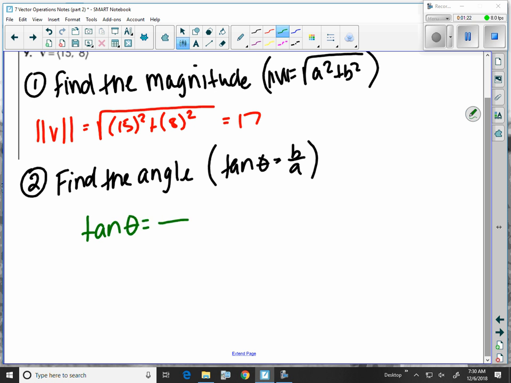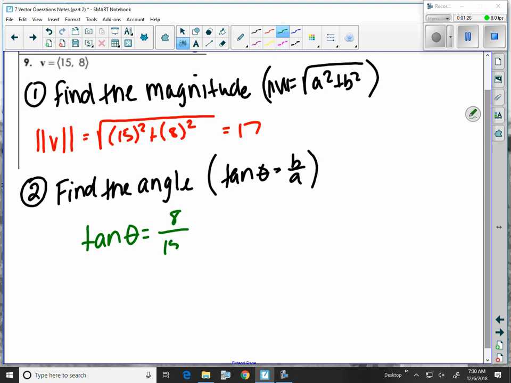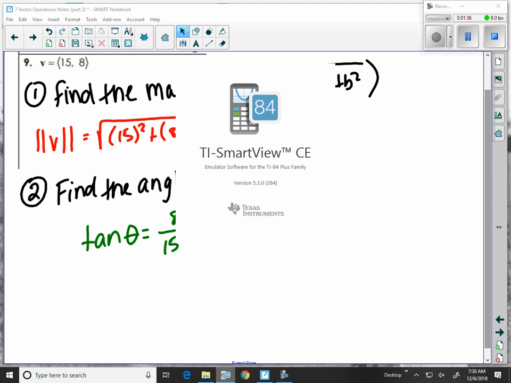So our b is 8, and a is 15. And if you remember, I'm going to show you how to put this in your calculator, because you have to do inverse tangent on this one.